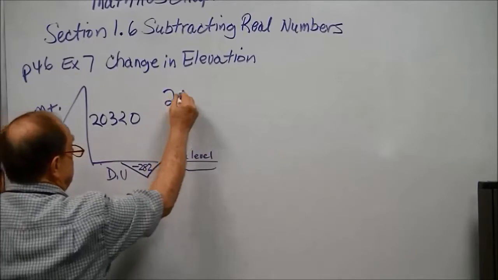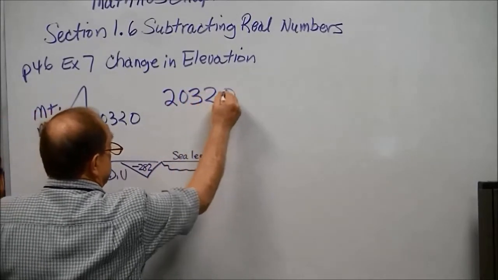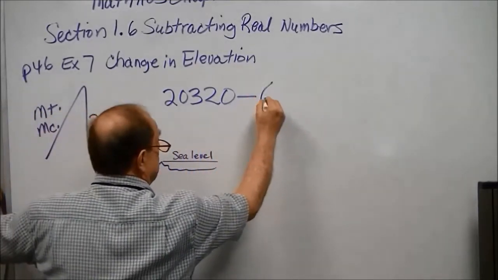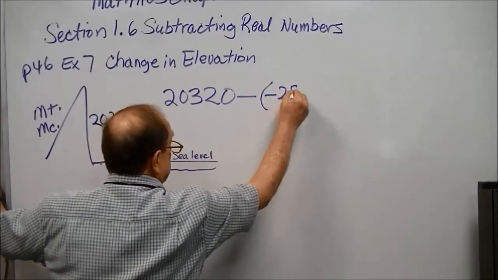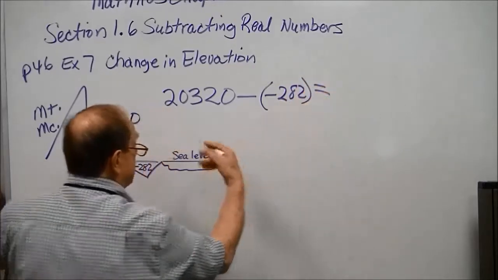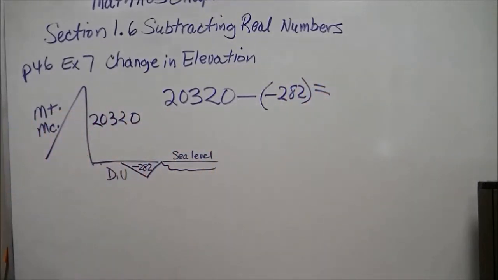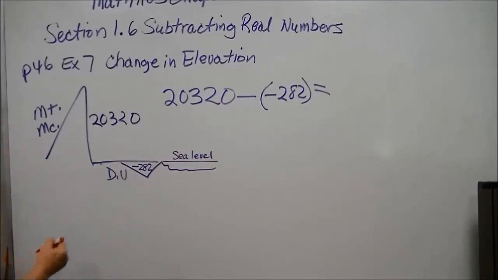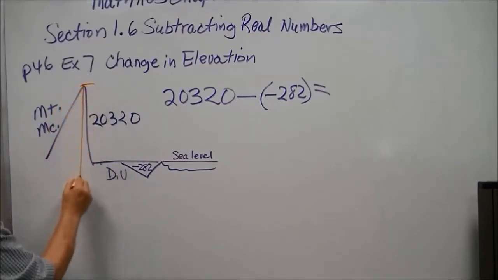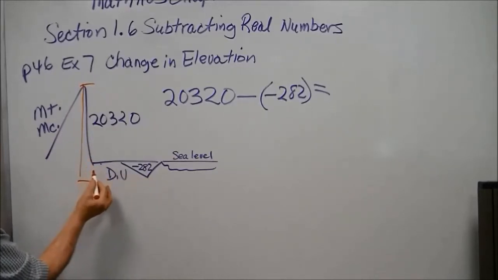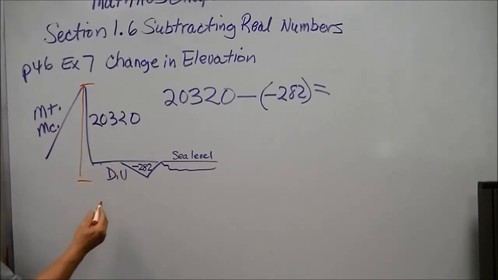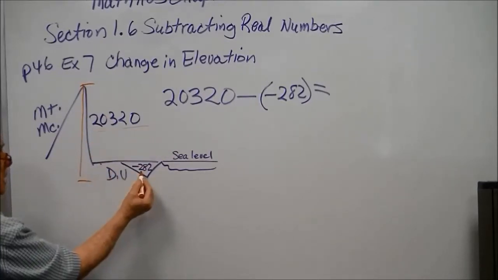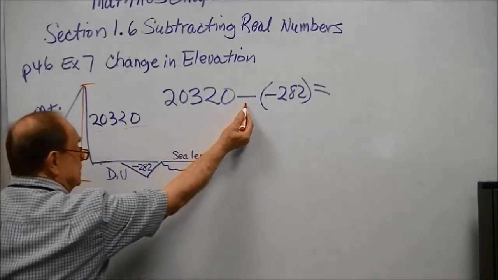So that'll be 20,320 minus, but keep in mind now this is a negative number, and we want to find out what our answer is. So we want to find, in a sense, the distance between this top point here and that bottom point there. So in essence, we're taking this and adding it to this number, even though it looks like subtraction.